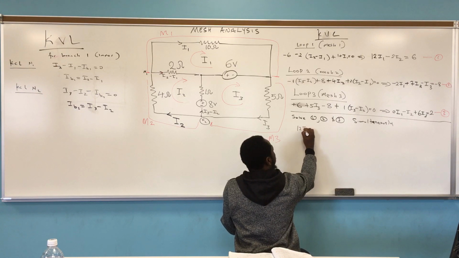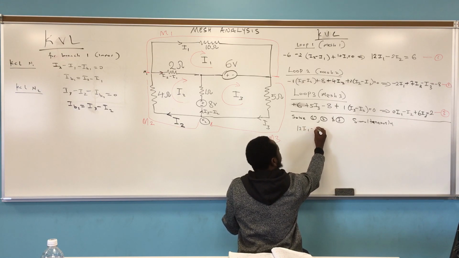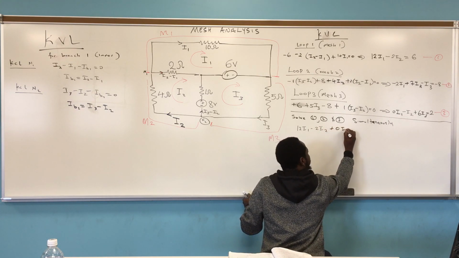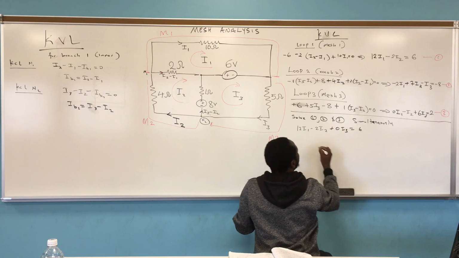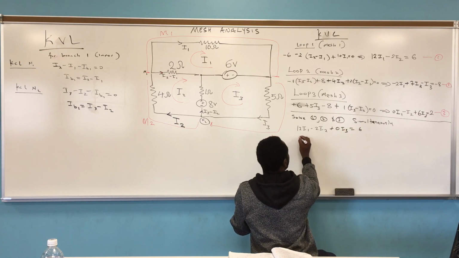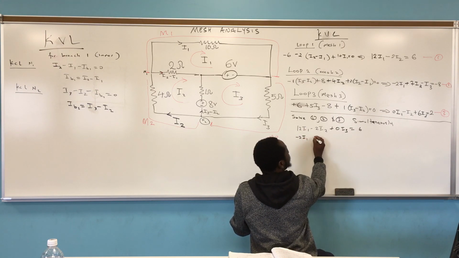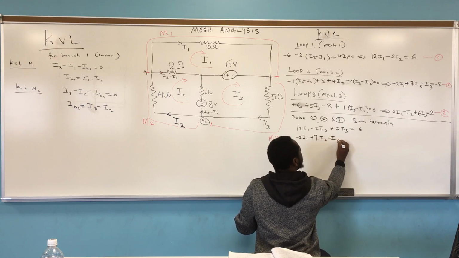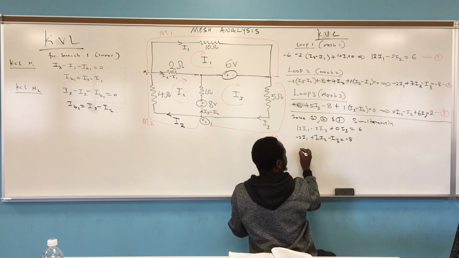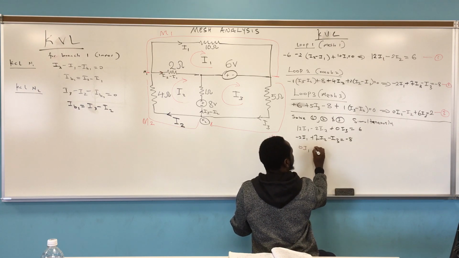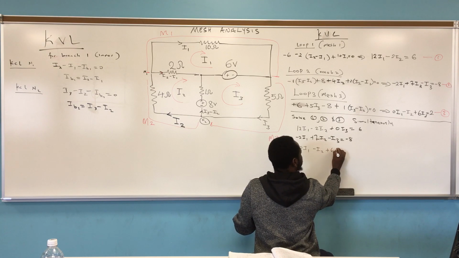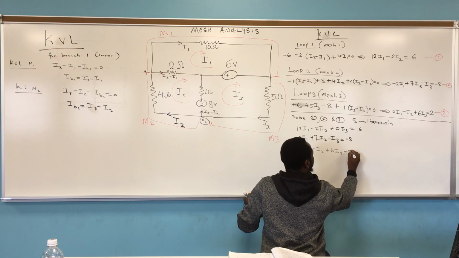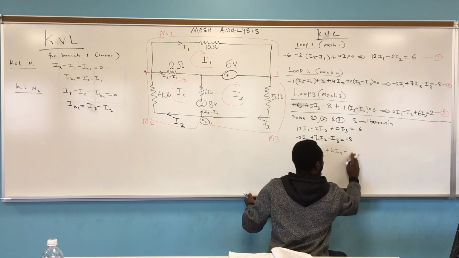Equation 1: 12I1 minus 2I2 plus 0I3, because no I3. The next equation is minus 2I1 plus 7I2 minus I3 equal to minus 8. And the last one is 0I1 minus I2 plus 6I3 equal to 2.